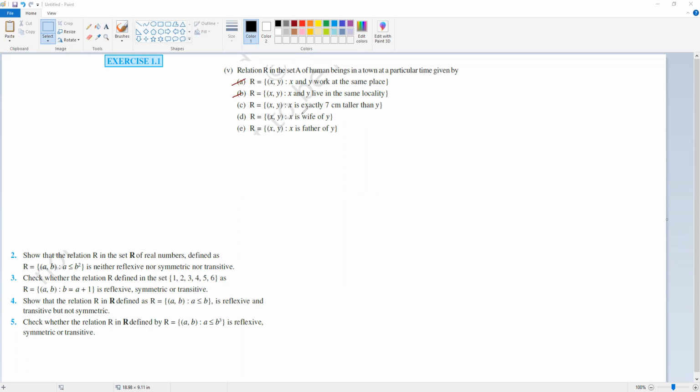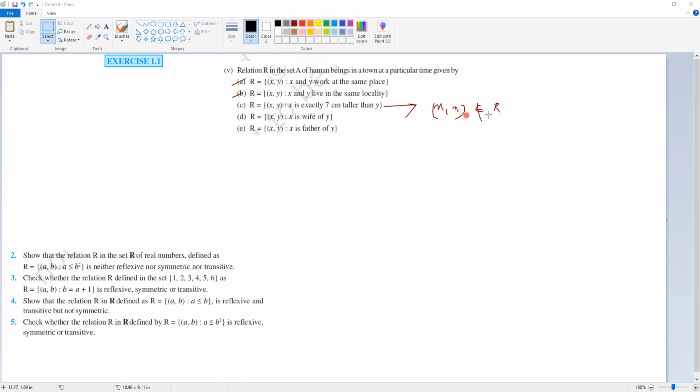Now, x is exactly 7 centimeter taller than y. Reflexive है क्या? x comma x रिलेशन में आएंगे? No. कभी नहीं आएगा, क्योंकि same person का हाइट उनसे 7 सेंटीमीटर ज्यादा होते हैं क्या?